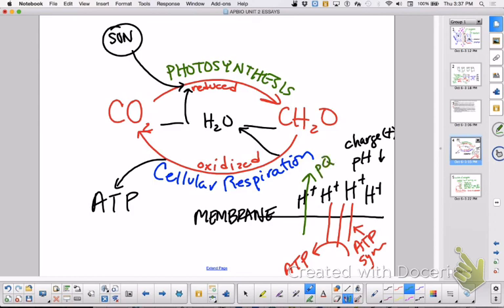PQ concentrates it to the inside. Do you agree with that? But when you're doing cellular respiration, what's doing the concentration of the hydrogen ions? Reductase, cytochrome oxidase.